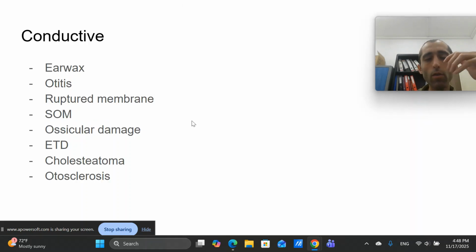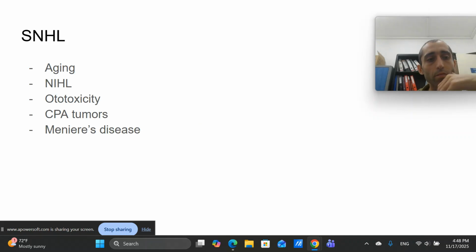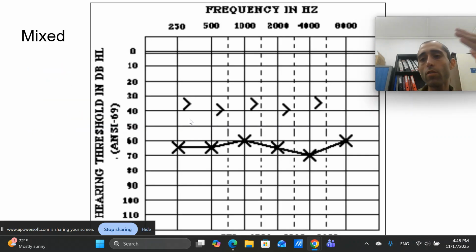Now, conductive hearing loss more commonly damages the low frequencies, but can also cause a flat hearing loss with an air-bone gap. Mixed can be caused by something that damages things in the external or middle ear and also the inner ear or the nerve.